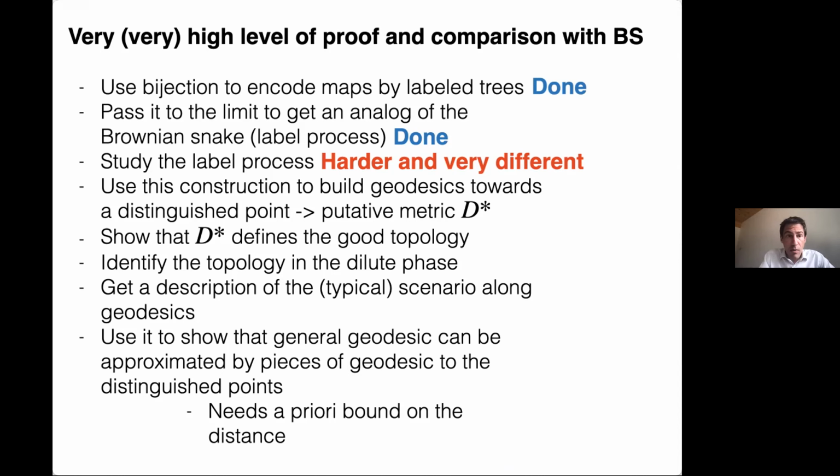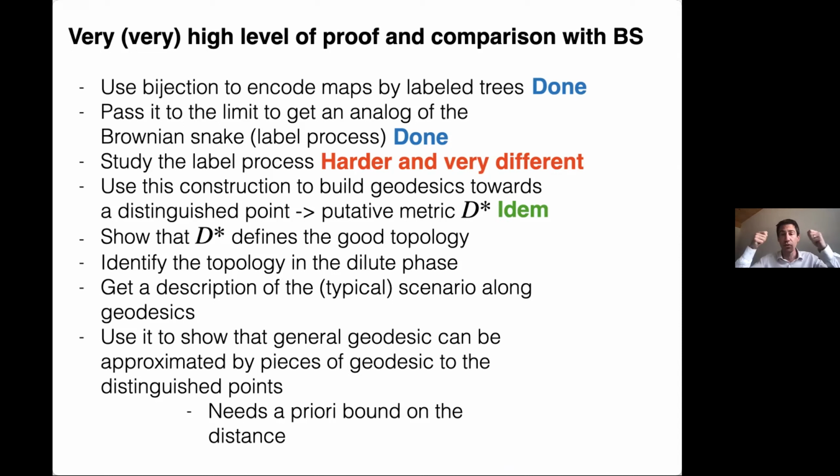Now we want to use this discrete construction to build geodesics towards a distinguished point and create a putative metric, D star. This is the same as for the Brownian sphere. In a nutshell, we can create paths that we know are geodesics towards the distinguished point.